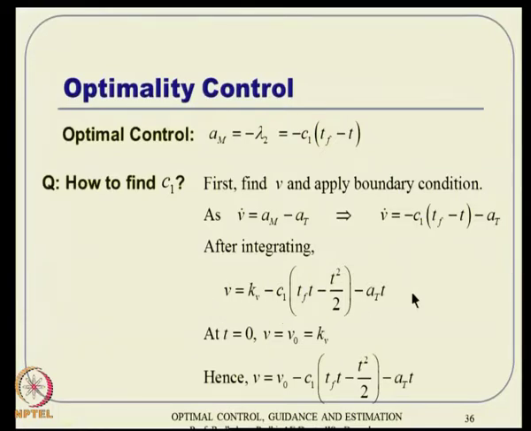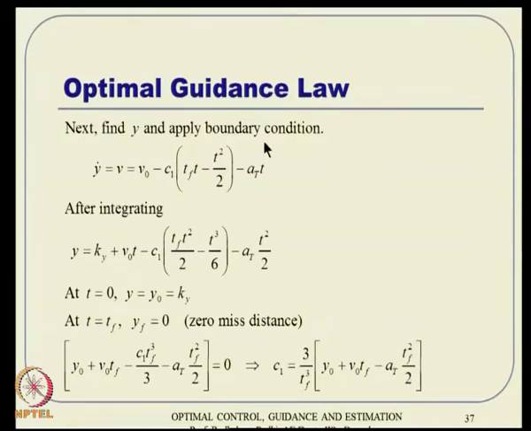So, now the V solution also contains this minus AT term, and hence every solution will also contain this minus AT term, AT times T. But the procedure essentially remains the same. So, find y. y dot is like this, so you integrate and find y.